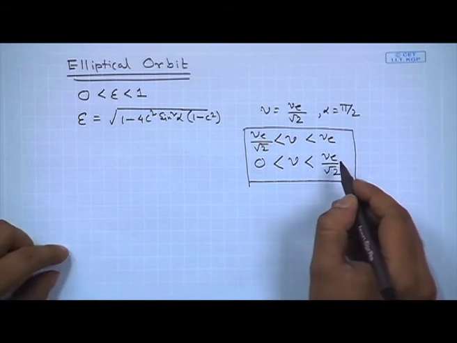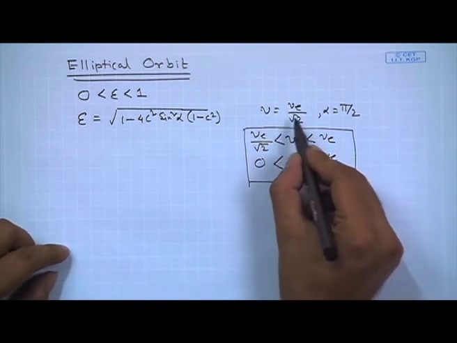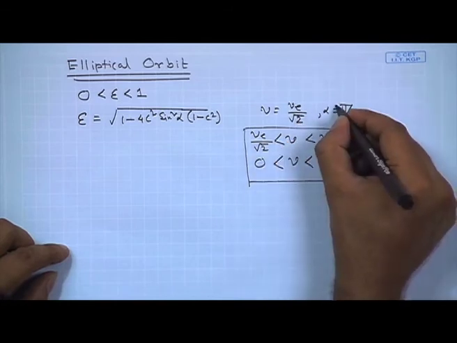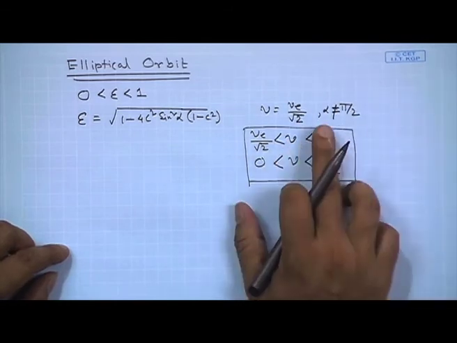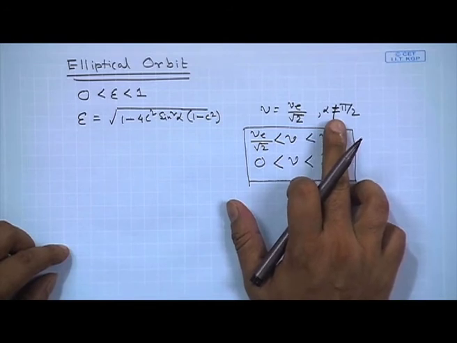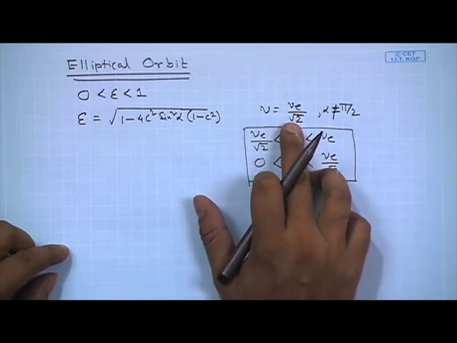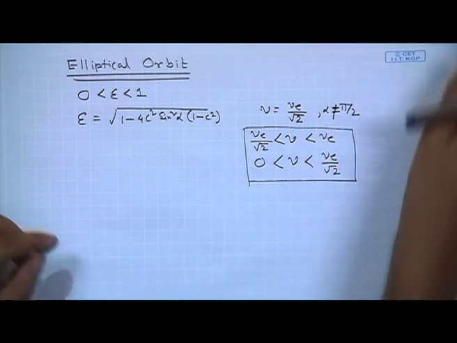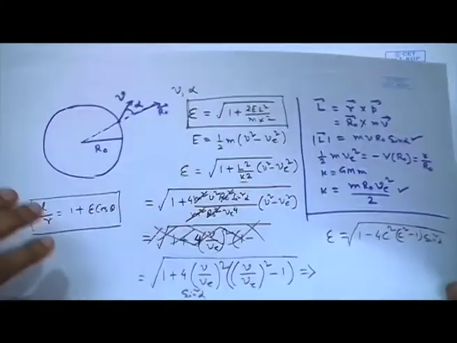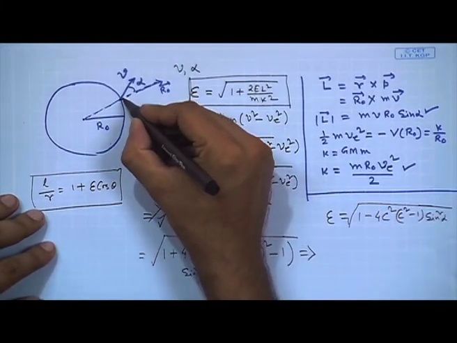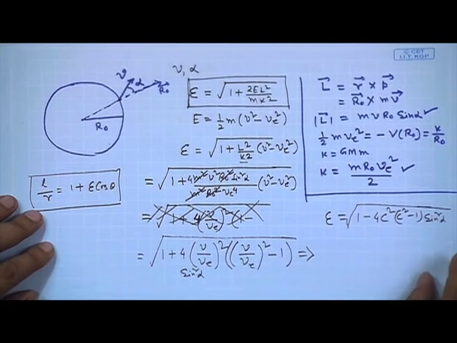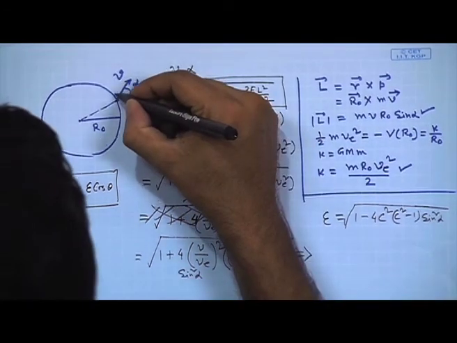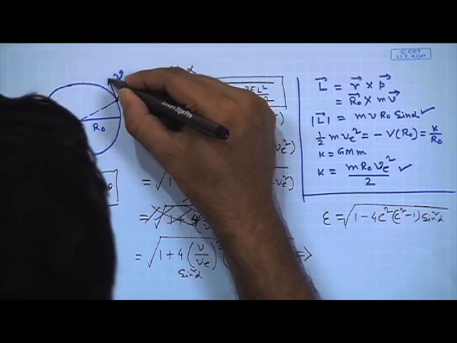Okay. Also we can have an elliptical orbit if we have v equal to ve by root 2, but alpha is not equal to pi by 2. If alpha is equal to pi by 2, we get a circular orbit. In this case the velocity remains the same, but we do not have a vertical launch. So alpha equal to pi by 2, if you recall this picture, means this.